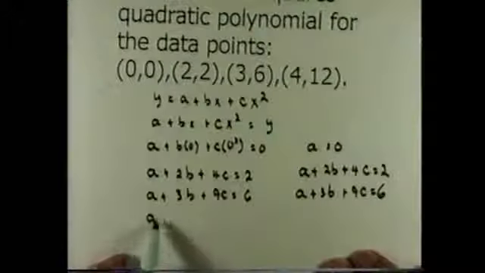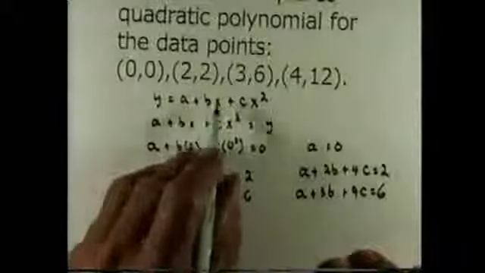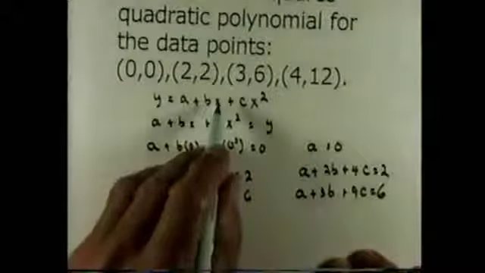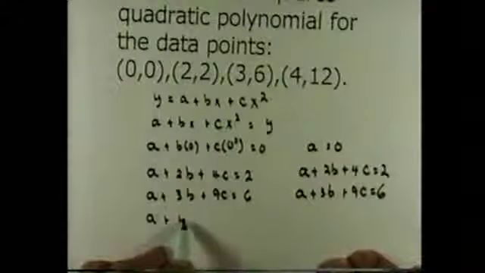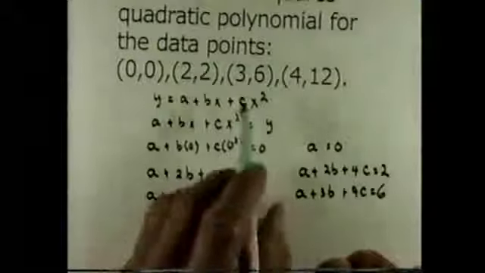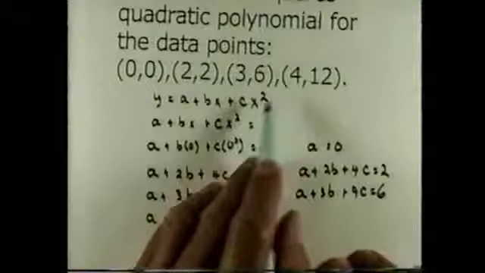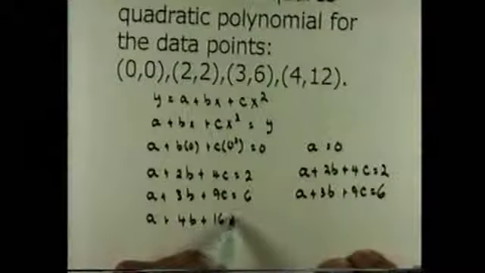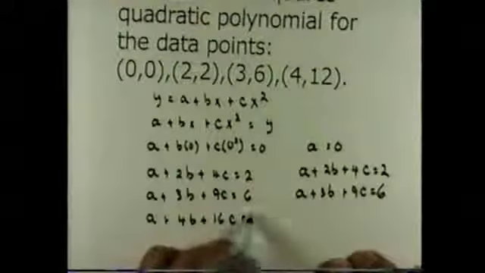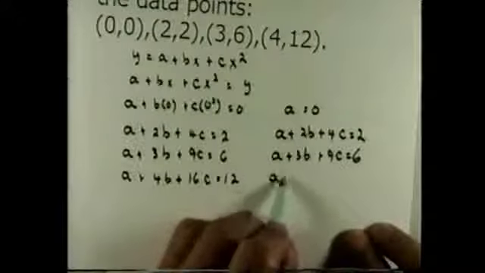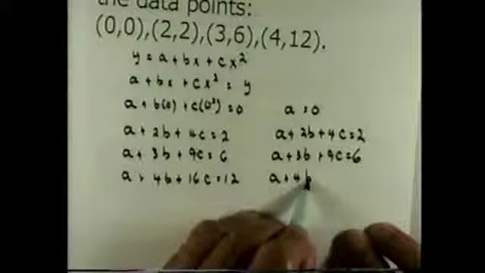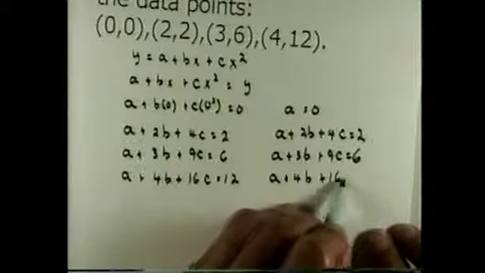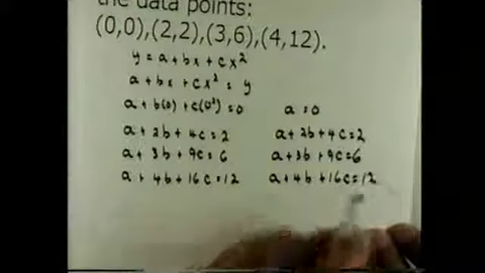So that would be a plus 4b, and x squared is 4 squared, 16, so 16c equals y, which is 12. So I have a plus 4b plus 16c equals 12.